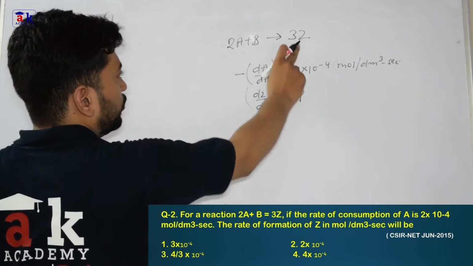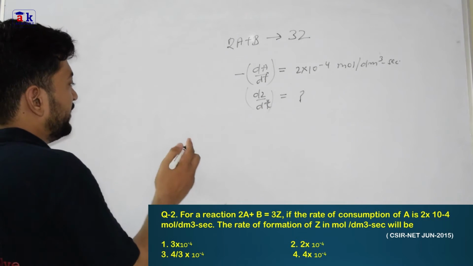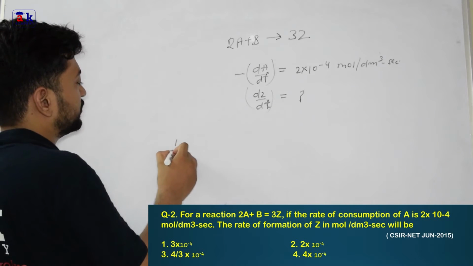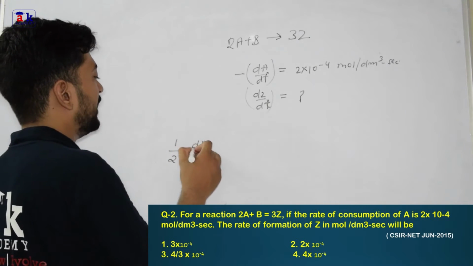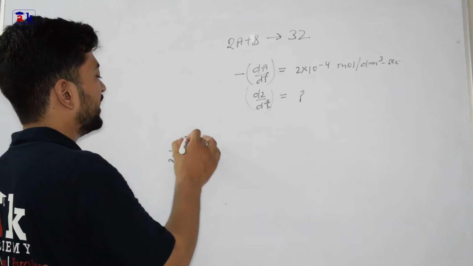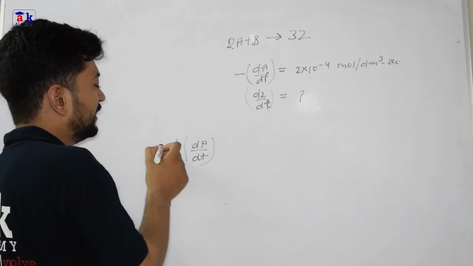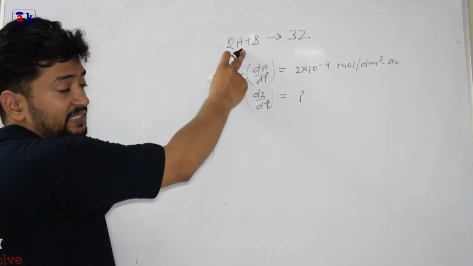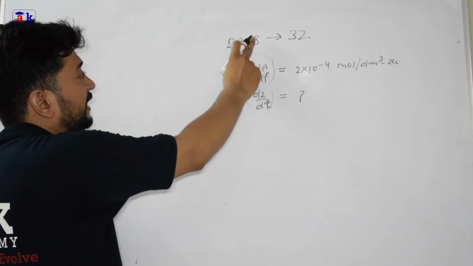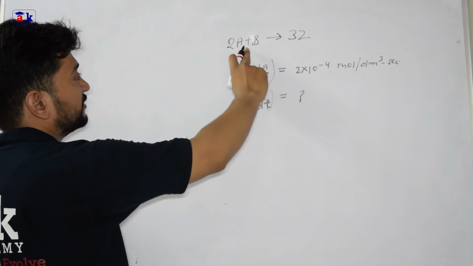So what you can do, you have to just write one equation, which is 1 by 2 dA by dt. From the rate law you can write this one, right? Here we will have a minus sign because A is getting decomposed, or consumption of A is here.